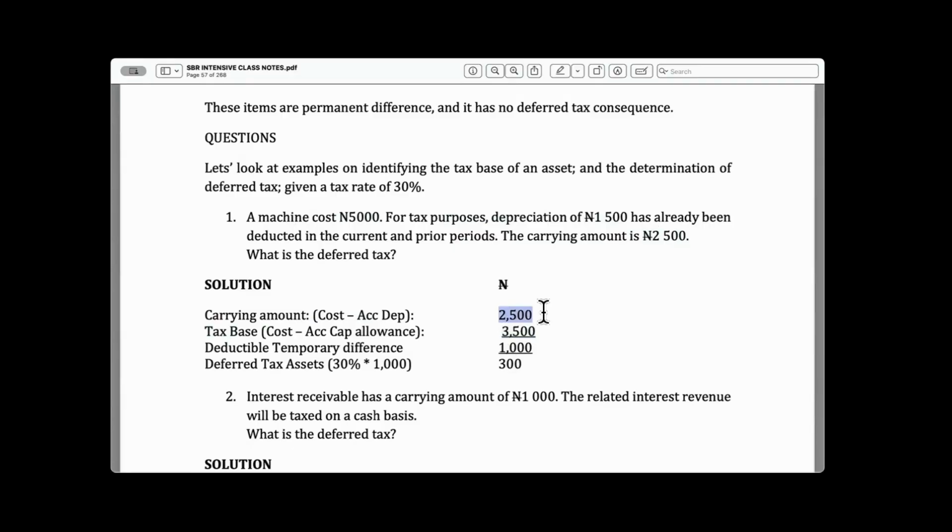I am going to put in 2.5 in my books. So that means I'm having an extra deduction of 1,000 from the taxman. So in the future, that gives rise to a deductible temporary difference. When I apply 30% on that, that's a deferred tax asset.